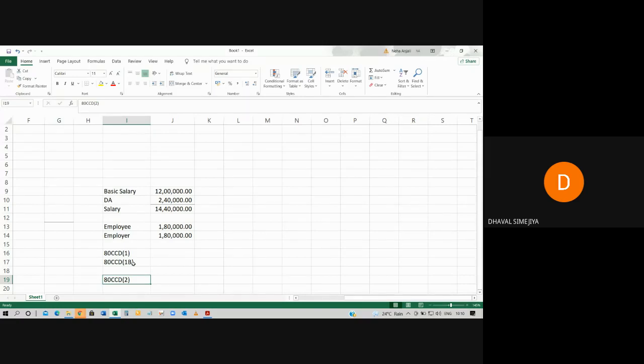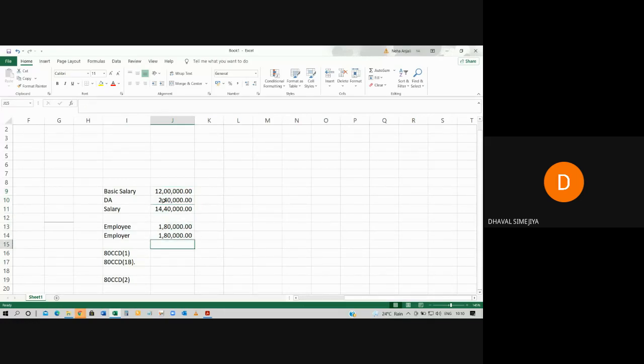Chalo. First of all, you know the limit. What is the limit of section 80CCD subsection 1? 10% of salary. What is salary? Salary means 12 lakh plus 2 lakh 40,000 forming part of retirement benefit.